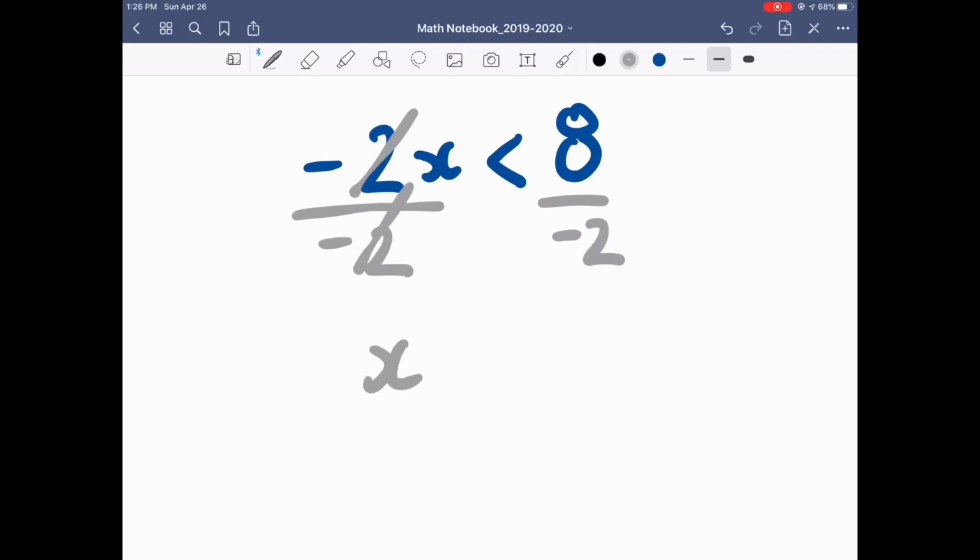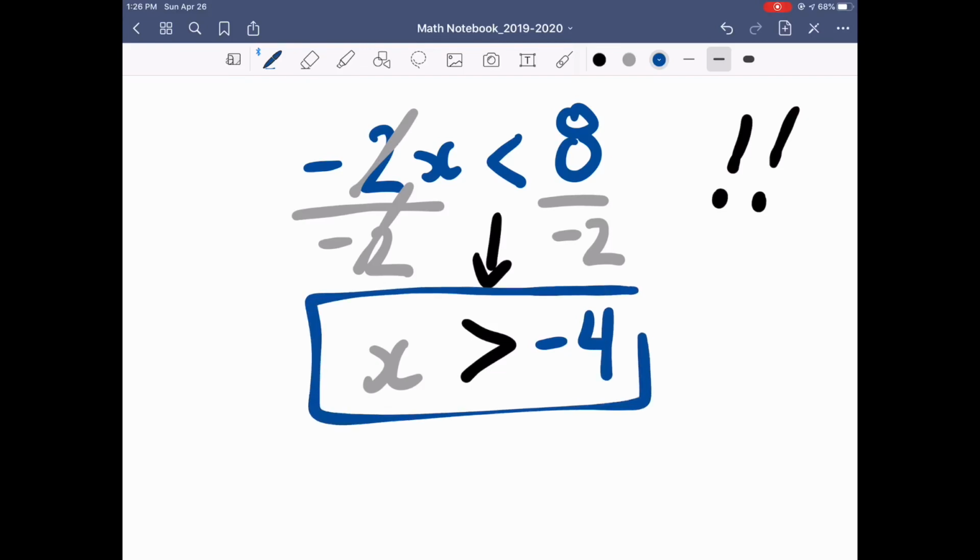Now, here you should have a trigger that says, okay, I divided by a negative, that means I need to do something. And that something is you need to flip the inequality. So if it was less than, the way that you flip it is to make it greater than. And then you just continue to solve normally. 8 divided by negative 2 is negative 4. And this would be your answer.